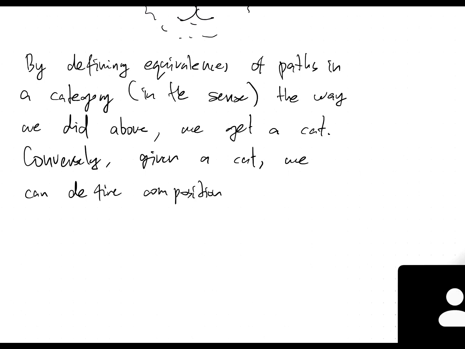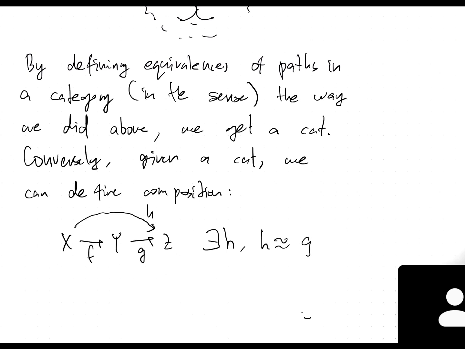We can define composition by saying that if I've got two morphisms, F and G, in a cat, the axiom of reduction forces there to exist a morphism, H, that is equivalent to the path GF.